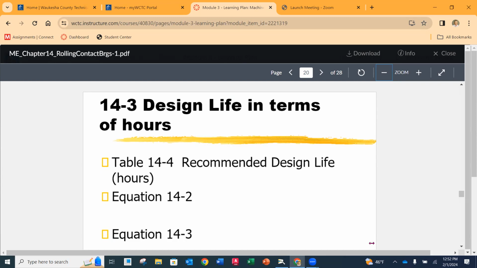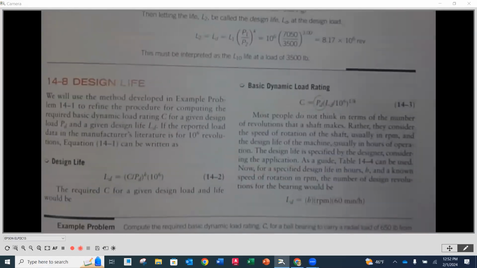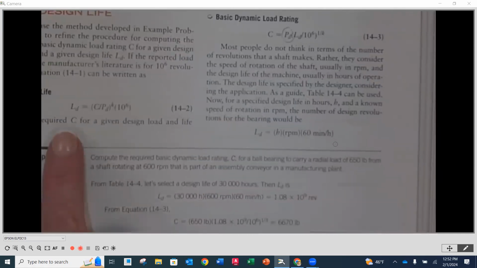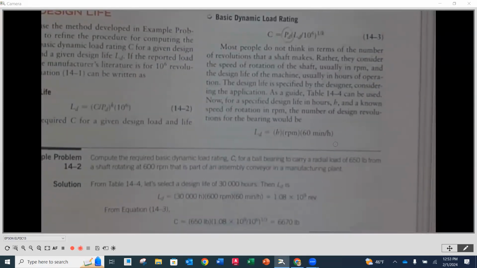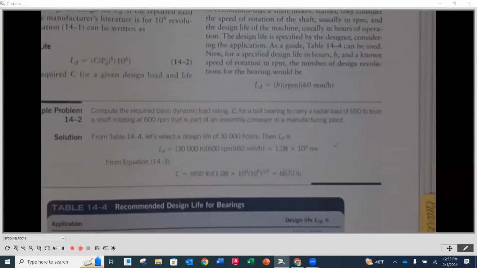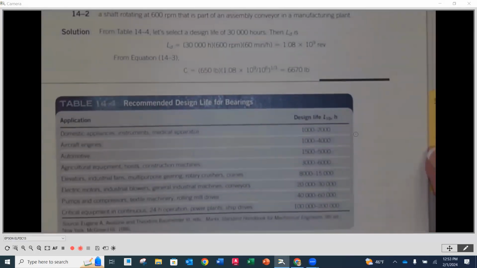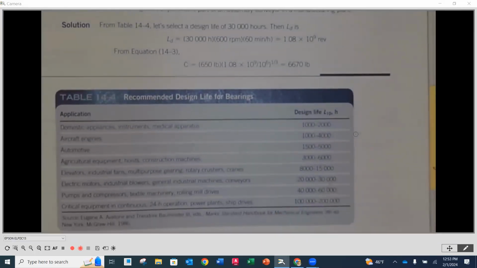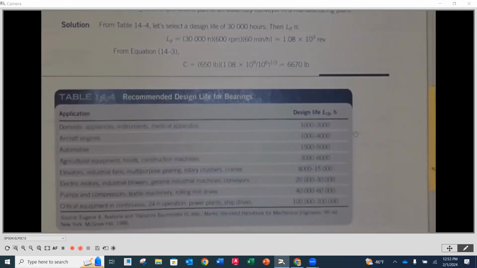Okay. So you'll notice that on that same page, a little bit further down, we have some design life calculations here. To figure out our design life in terms of hours, a lot of times you want to look to the industry. So down here on table 14.4, these are recommended design lives of bearings.